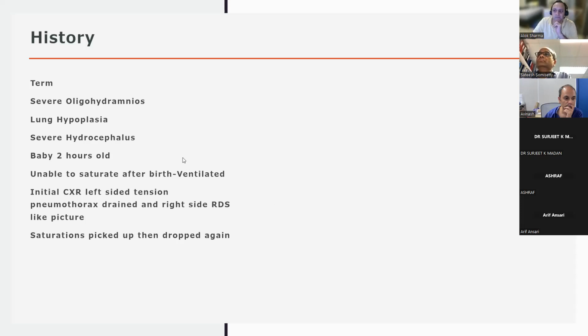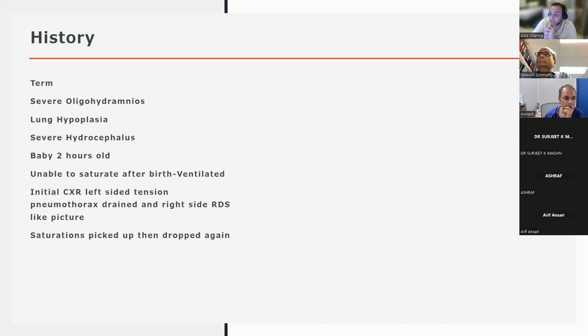So this baby was born at 36 weeks after a normal vaginal delivery. The baby was intubated and ventilated at birth because he had very poor respiratory effort and was bradycardic, and responded well to inflation breaths. The heart rate came to above 100, but saturations at 10 minutes were about 50 to 60% in this baby with severe hydrocephalus.